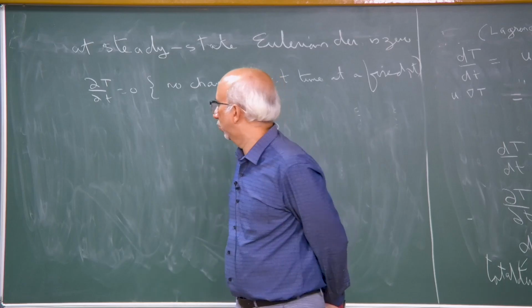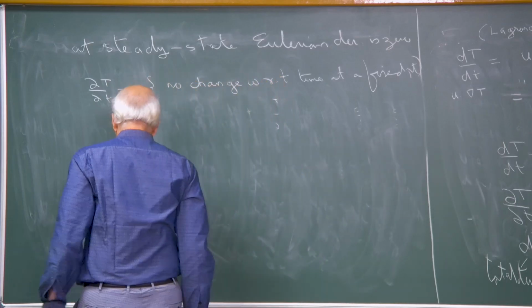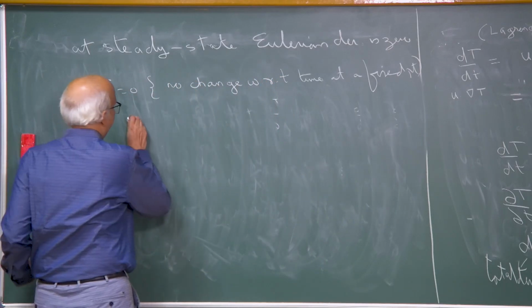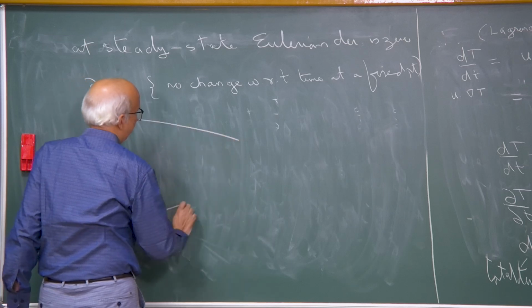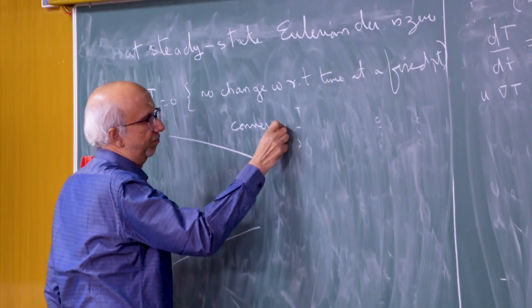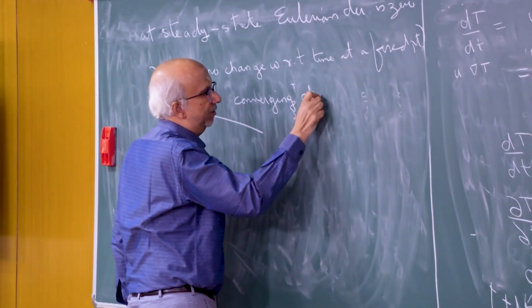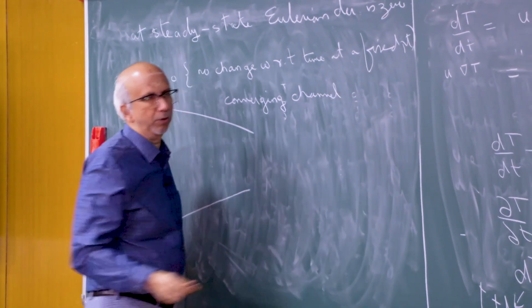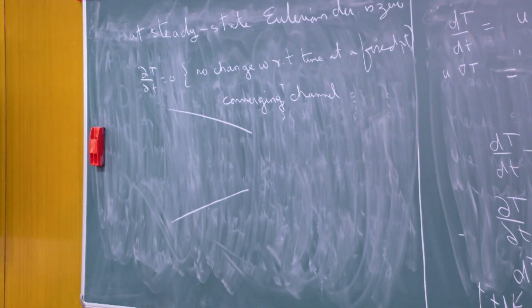So now what I want to do is just to give a simple example to help you understand things better. This is a converging channel, okay, the cross section is changing and there is a liquid which is flowing.